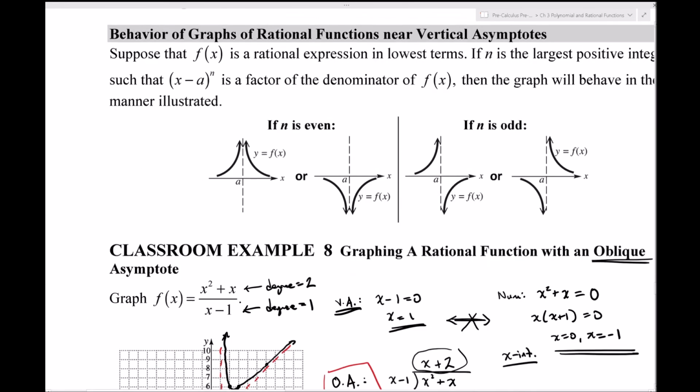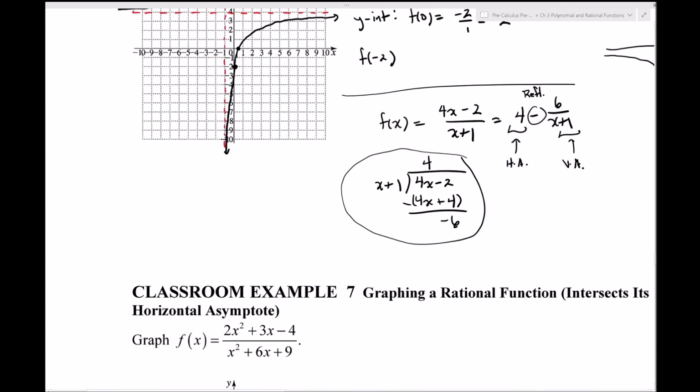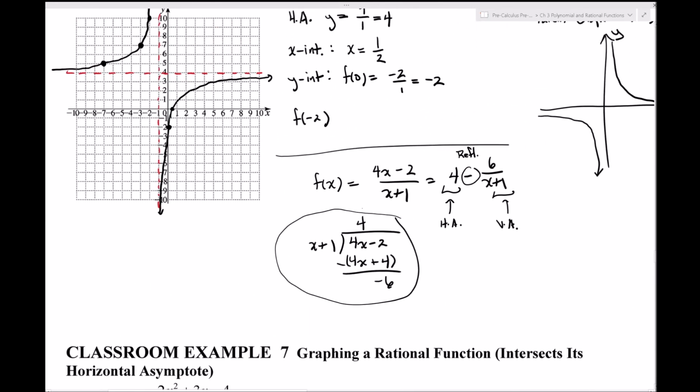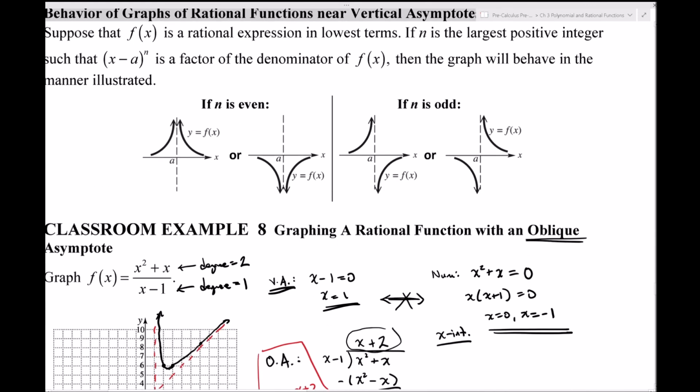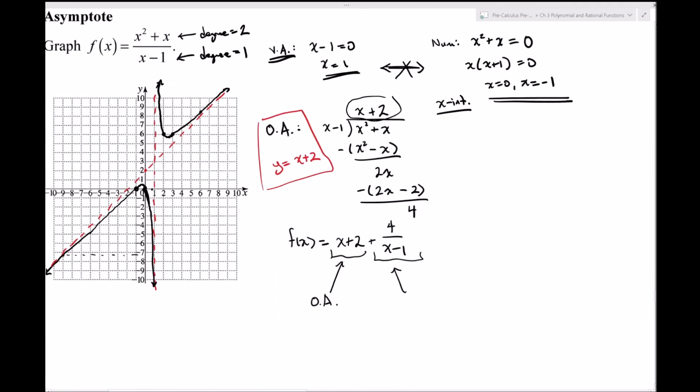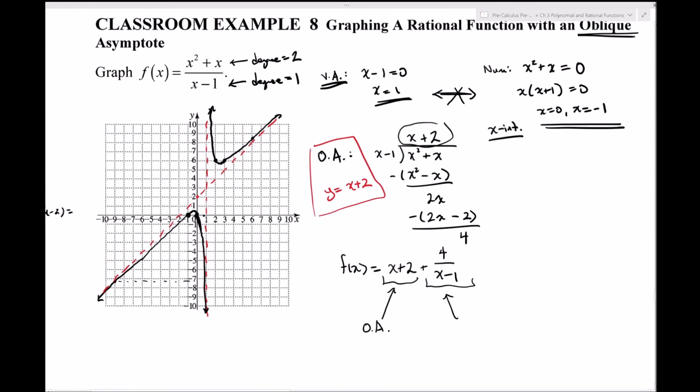That happened earlier in example, what was it, 6? In example 6, the quotient was 4, and 4 was the other asymptote, in this case the horizontal asymptote. So whatever comes out in your quotient when you're dividing will be your other asymptote, the non-vertical asymptote, so the other type.